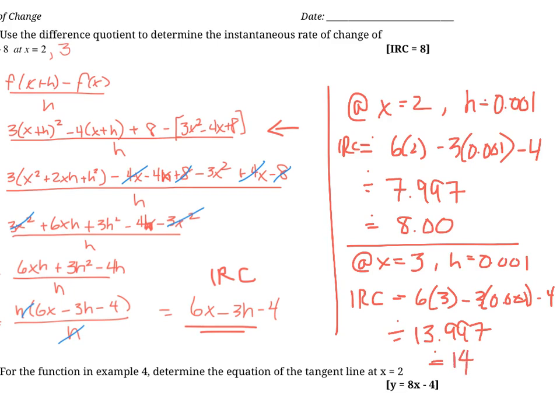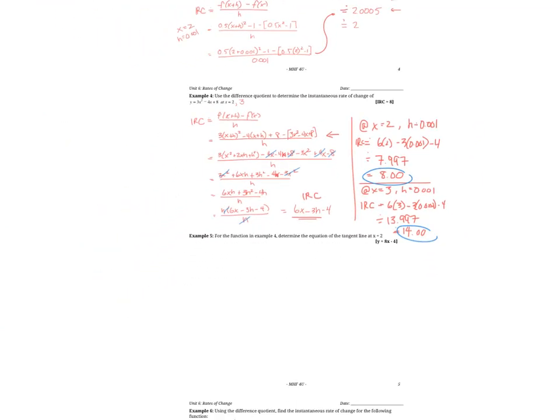They won't always come out to nice numbers like this. It just so happens in this question that it does. So there we go. We found two different instantaneous rates of change of a function by simplifying the difference quotient.